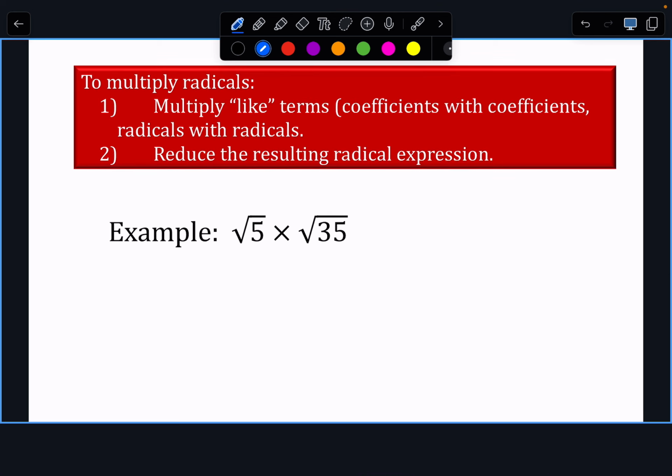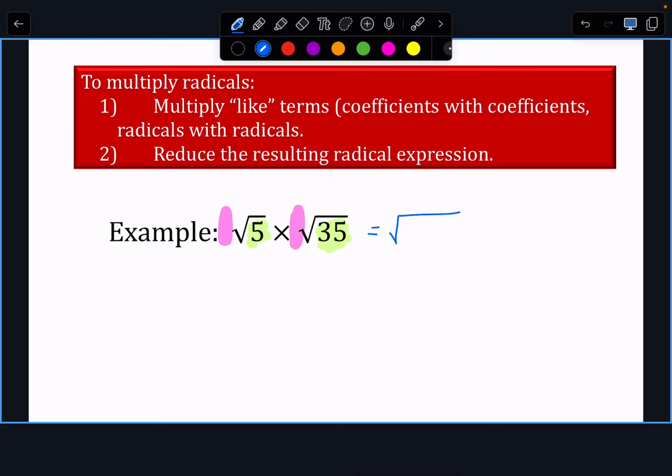All right. Now, when we multiply, we are going to multiply the numbers outside of the radical together. We're going to multiply the numbers underneath the radical together. Right now, I don't see any numbers outside the radical, so I don't have to worry about that.